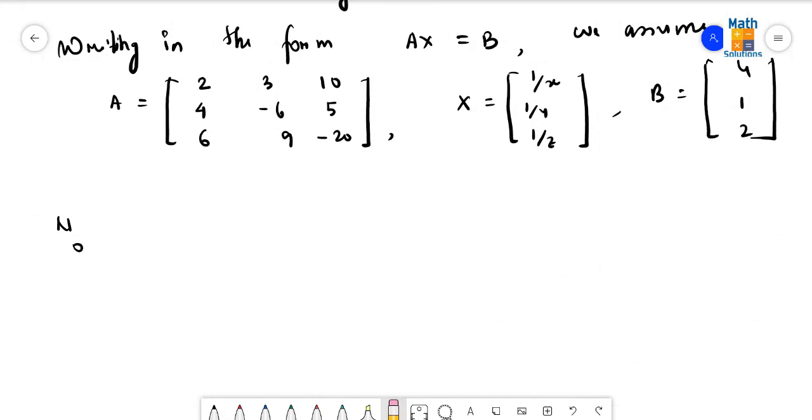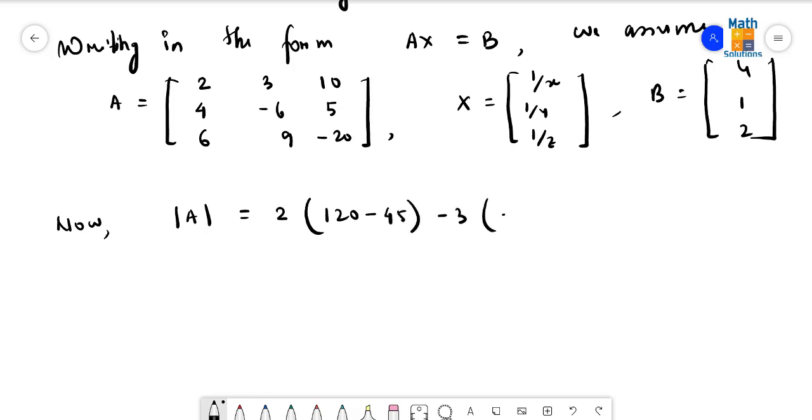Then we shall check whether determinant of A will exist or not. So here in this case we can write, now determinant of A is equal to, expanding along first row, 120 minus 45, then minus 3 into minus 80 minus 30, then plus 10 into 36 plus 36.